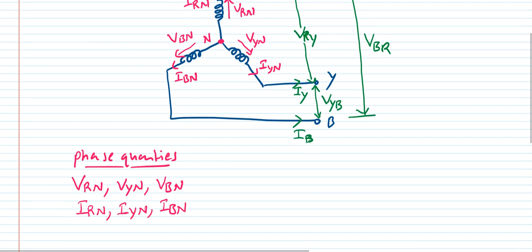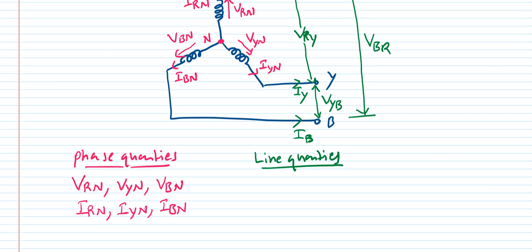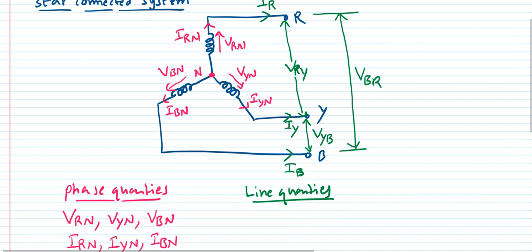Now what are the line quantities? The voltage between the R and Y line, VRY, is a line voltage. Similarly VYB is the voltage between the Y and B line, and VBR is the line voltage between the B and R line.